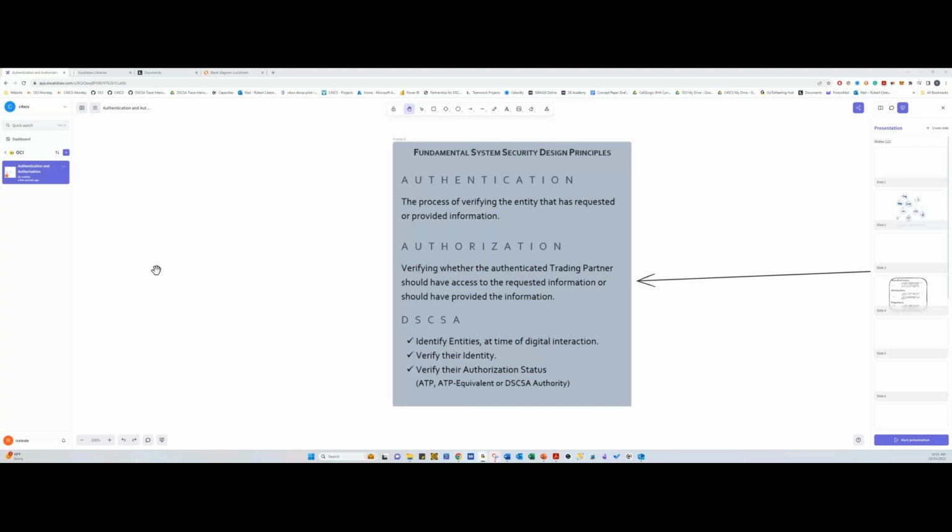We need to be careful about some of these identifiers that are easy to find out or discover and then use. And then authorization, whether they actually are an ATP, an authenticated trading partner, and should have access to that information.